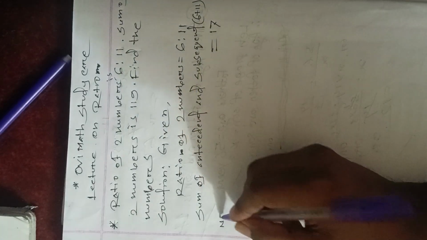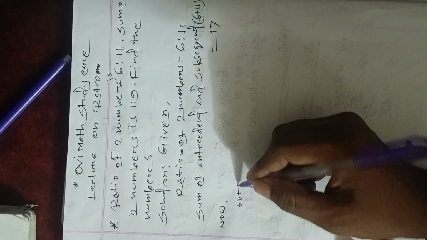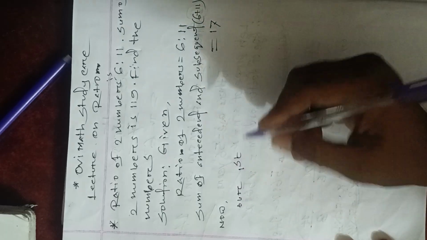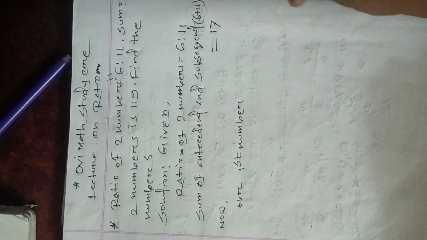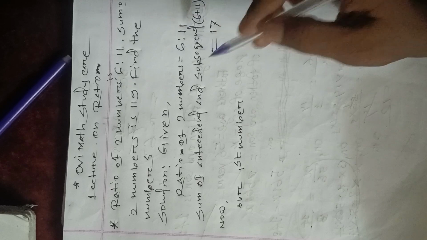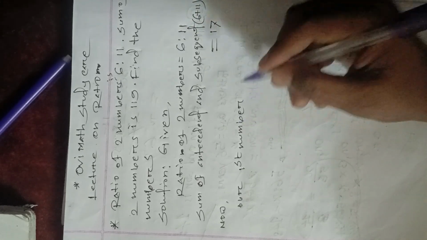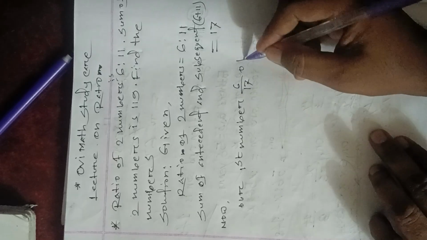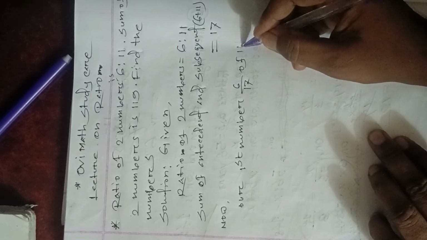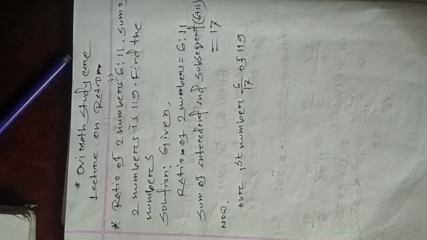So now first number is equal to, our total sum of ratios কত? 17. So first number will be 6/17 of 119.